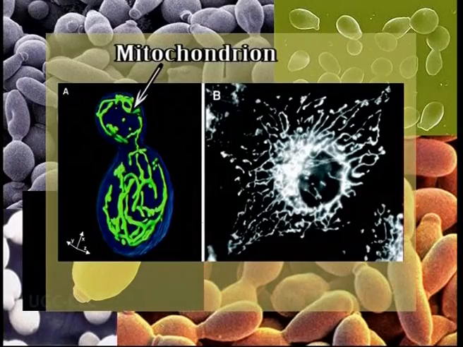Transmission electron microscopy has revealed a single giant and branched mitochondrion in a strain of Saccharomyces cerevisiae. However, their number mostly ranges from 50 to 100. The mitochondria possess 70S-type ribosomes in their matrix.